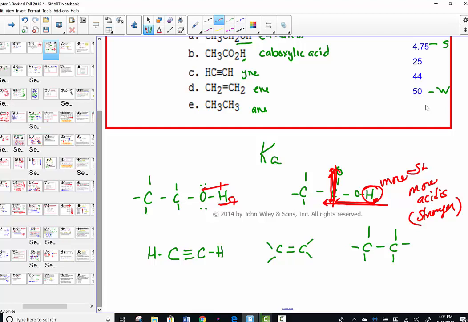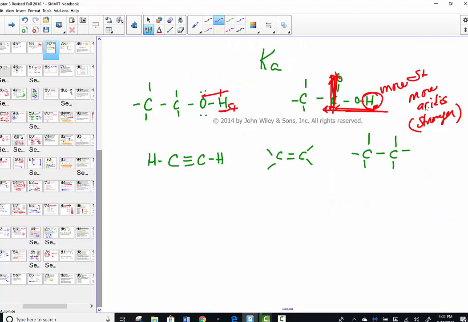Let's find a trend here for the ine triple bond, ene double bond, and ane single bond. In other words, this is sp hybridization, this is sp2 hybridization, and this is sp3 hybridization.